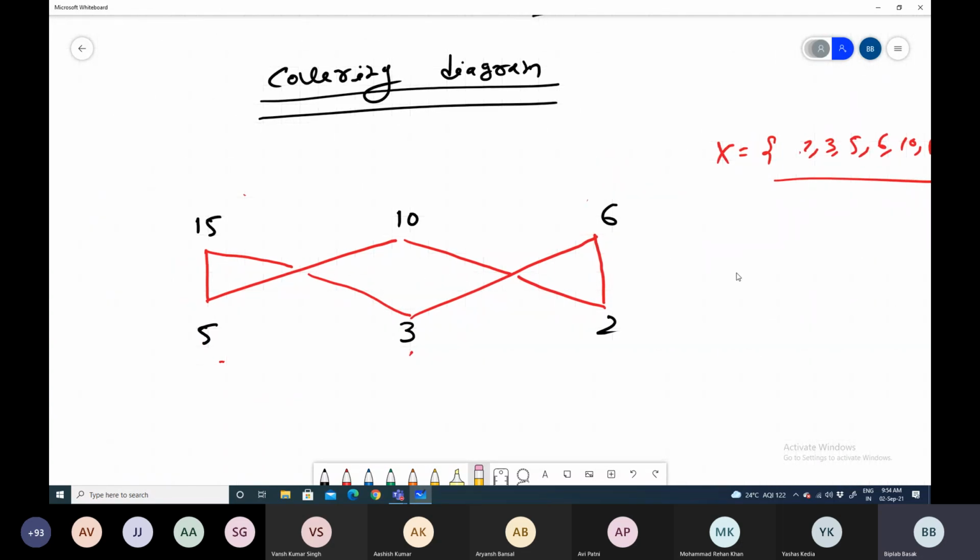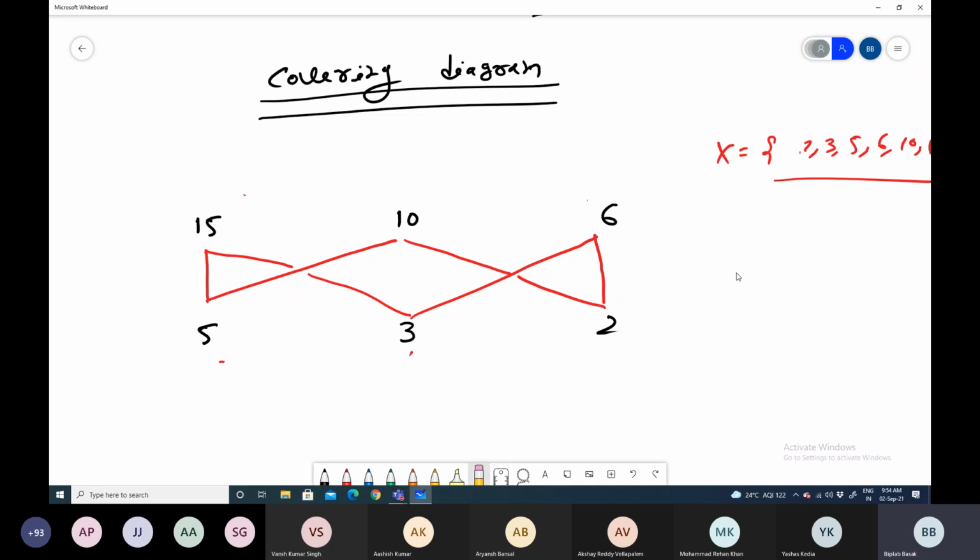Now can you tell me what is the least element of this set? 2, 3, 5 all are least. Okay, what is the greatest element? 15, 10, and 6. No, that is not correct. In that case, you do not have any least element, and you do not have any greatest element. So we will see the definition. What is the definition of least element?